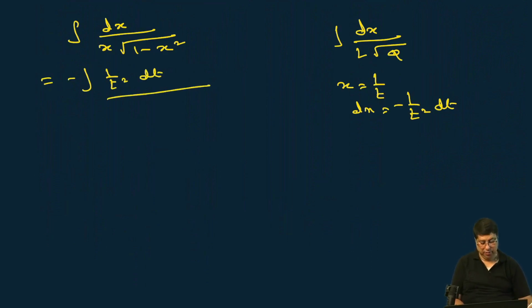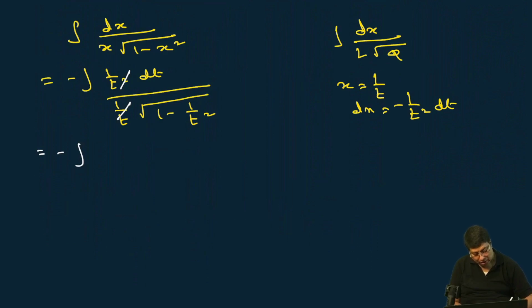Total divided by, what will we do? x is 1 by t, root over of 1 minus 1 by t square. So 1 by t will be cancelled out. We are getting minus 1 by t dt, root over of (t square minus 1) by t square, and it is also getting cancelled.